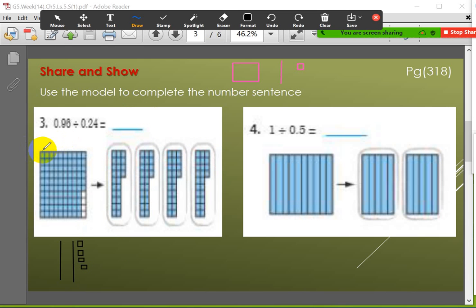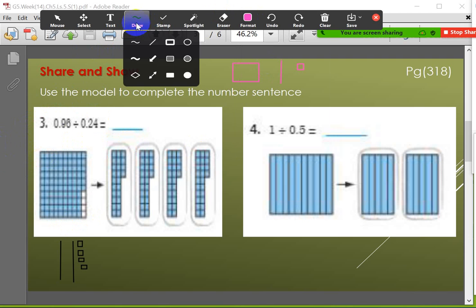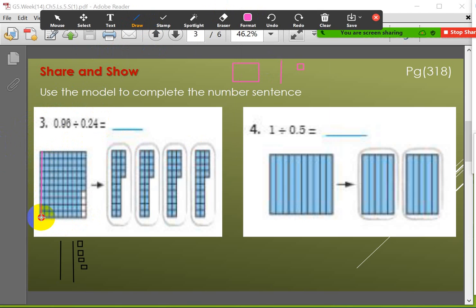Now, this is the first long. I will use the pink. Okay, I will take the first long. And this is the second long. And I have to take 4 small cubes. 1, 2, 3, 4.